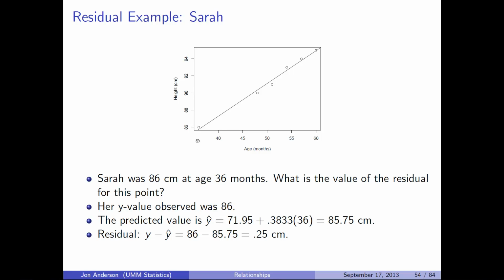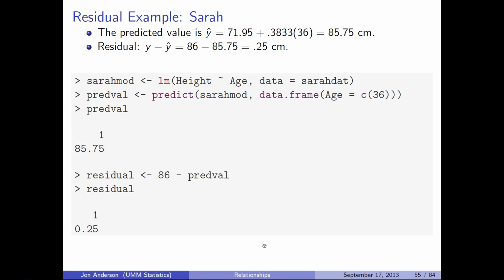That means the residual for this observation right down here in the lower corner is the actual height of 86 centimeters minus what we would project from the least squares summary line, plugging in 36 months, 85.75 centimeters, for a residual of positive 0.25 centimeters. And notice that's just a very small amount higher than what we were expecting.